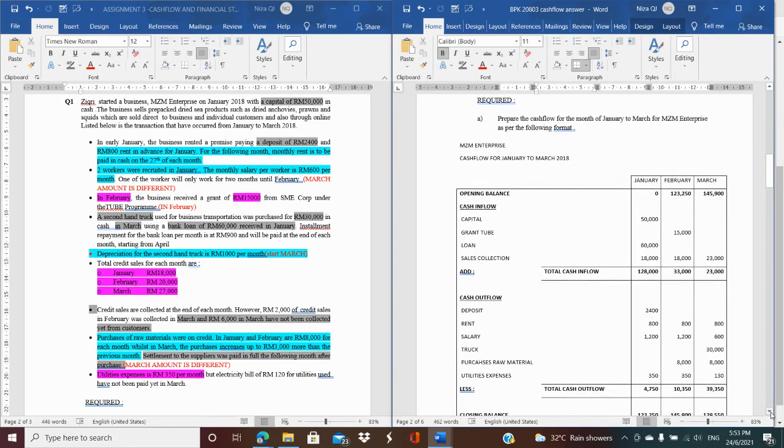The deposit. In January, 2,400 plus 800 plus 1,200 plus 350, or 750. Okay, 800 plus 1,200 plus 8,000 plus 350.